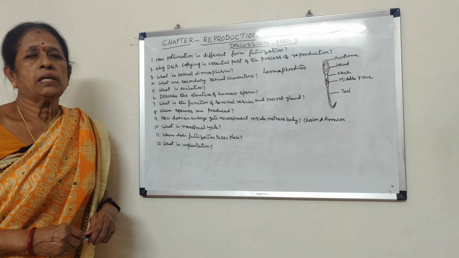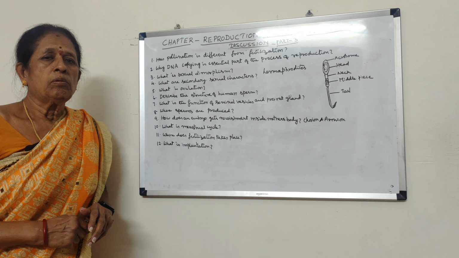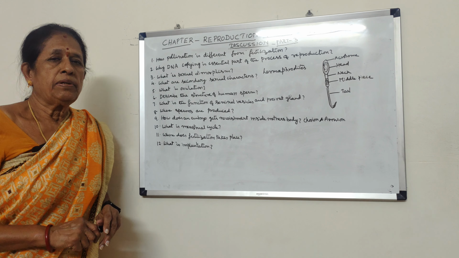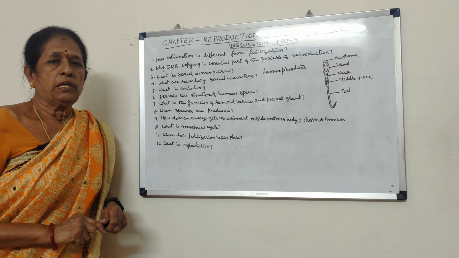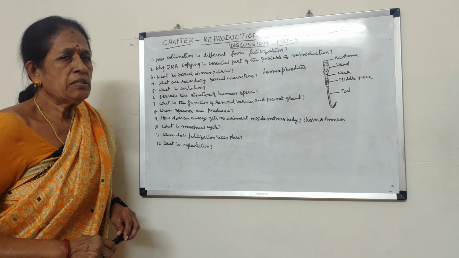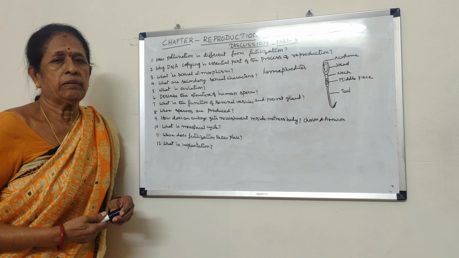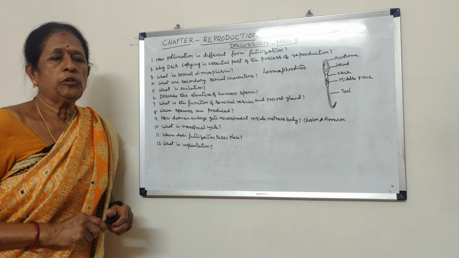These ovarian follicles enclose only one ovum. When the ovum matures, the Graafian follicle ruptures and releases the ovum into the body cavity. And this ovum is captured by the funnel-like structure and it enters into the fallopian tube.